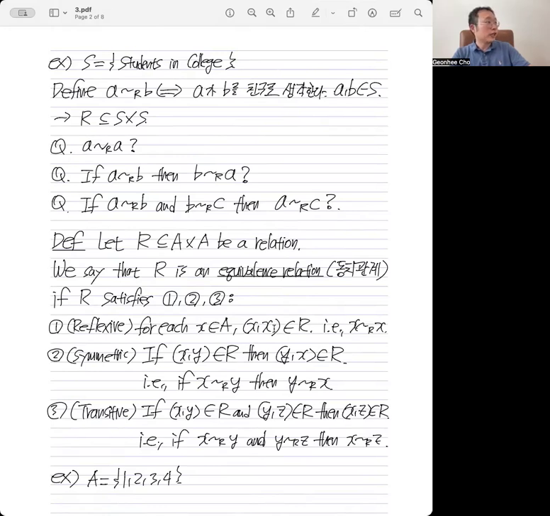This is called reflexivity. Second, if one object is related to another object, then the other object must also be related to the first object. This is called symmetry. Third, if the first object is related to the second object and the second object is related to the third object, then the first object should be related to the third object.